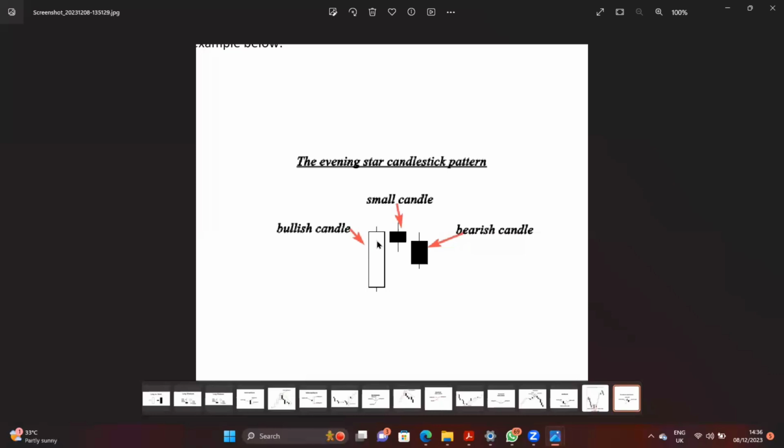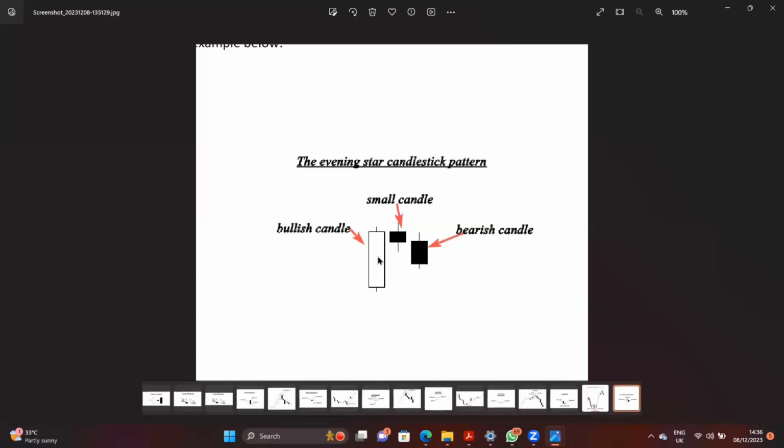And what that means is that either bullish or bearish has more power, right? If a longer candle is bullish, that means buyers are in more control. If a longer candle is bearish, that means sellers are in more control. I hope that is clear. So this means that buyers are in more control at this time, right?